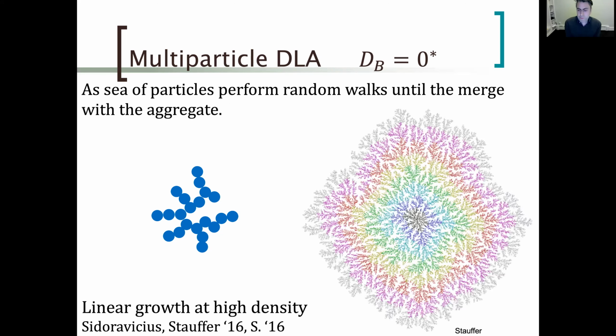So this is a simulation by Alexander Stauffer with a density of particles of about 0.3. I don't know what the resolution looks like on your screens, but at the beginning of the process, it looks quite like DLA.